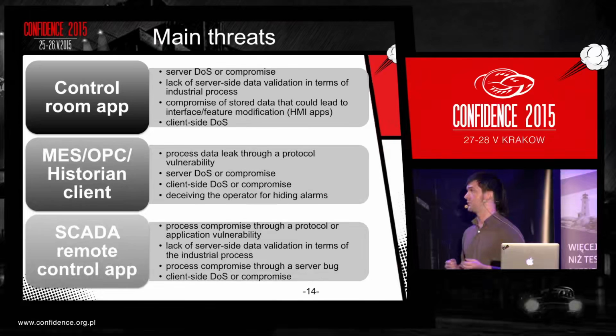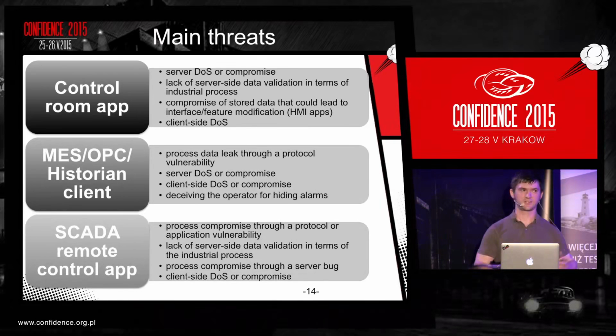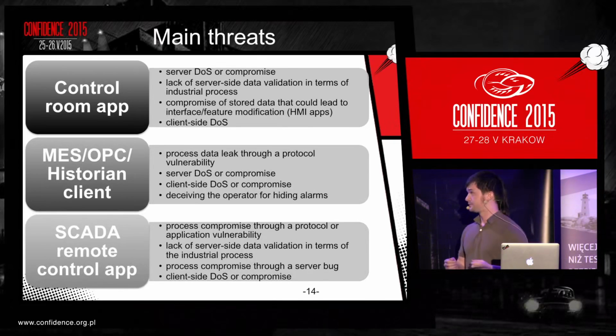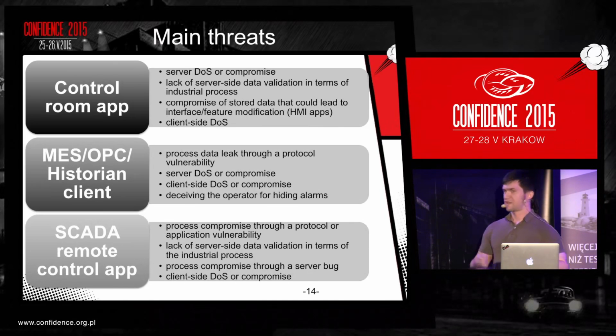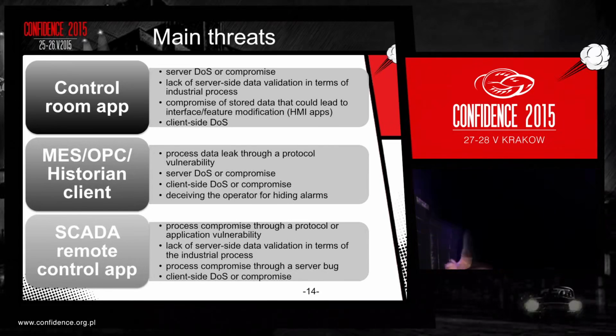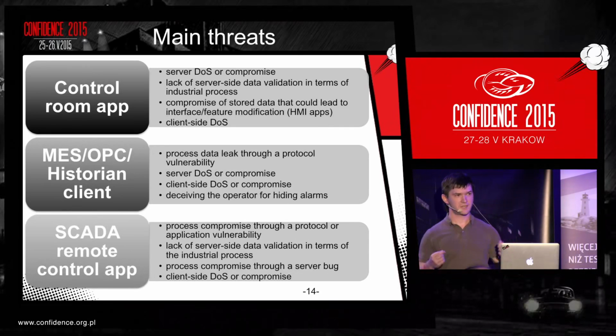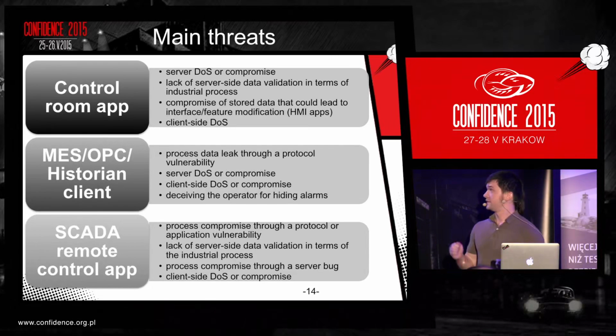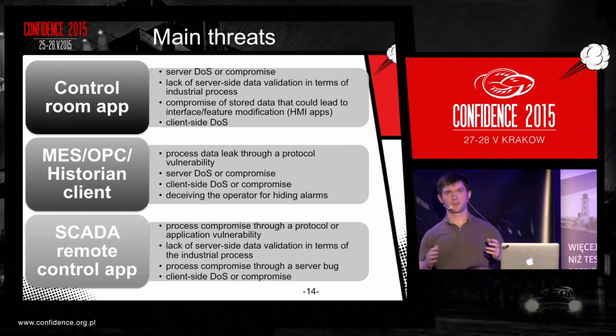For control room apps, it is server-side and client-side DoS. When the server fully trusts the data that comes from the operator, and the correctness of the entire technological process fully relies on settings and data sent from the operator's mobile application, the lack of data validation can result in enormous damage.